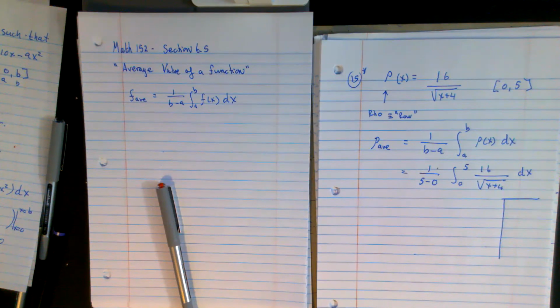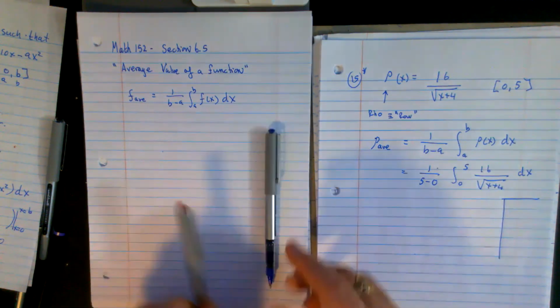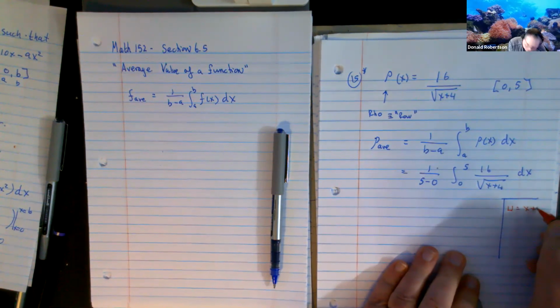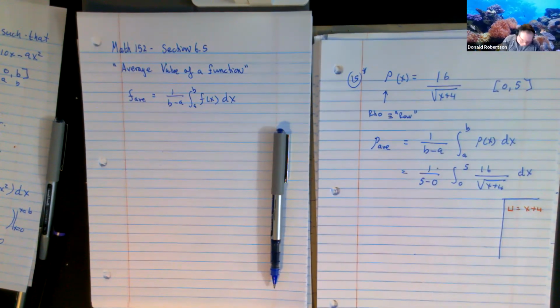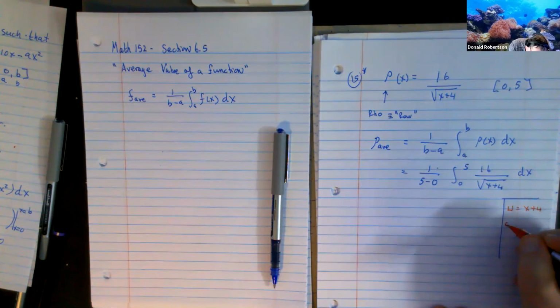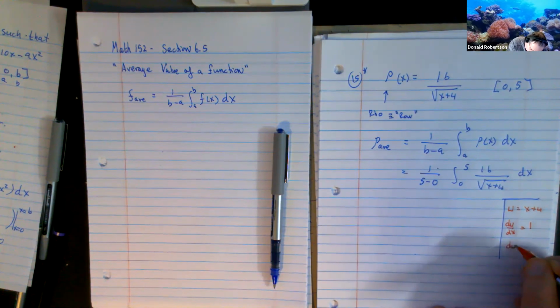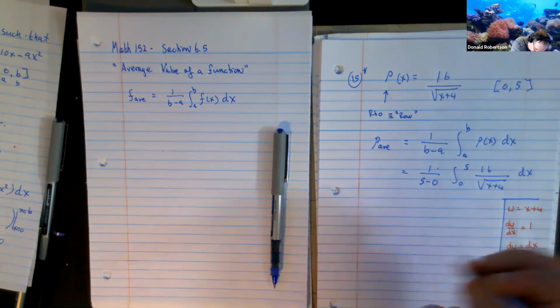Use substitution? Yes, the one I would go with. So the u is just going to be that. Not the ugliest substitution in the world. If you differentiate with respect to x, you just get 1. And when you do the crossover, you can pretty much stop.